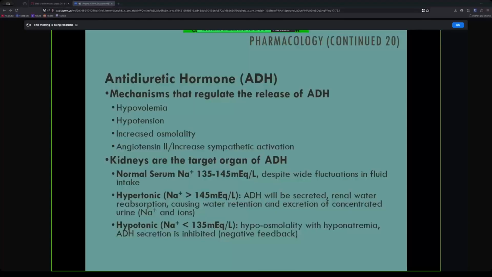If you understand the feedback loop, you'll be able to predict the ADH directional response given a sodium value, or knowing the patient is hypotonic versus hypertonic or vice versa. So if you can master this slide, you'll be able to work your way through all of the diabetes insipidus and SIADH questioning.